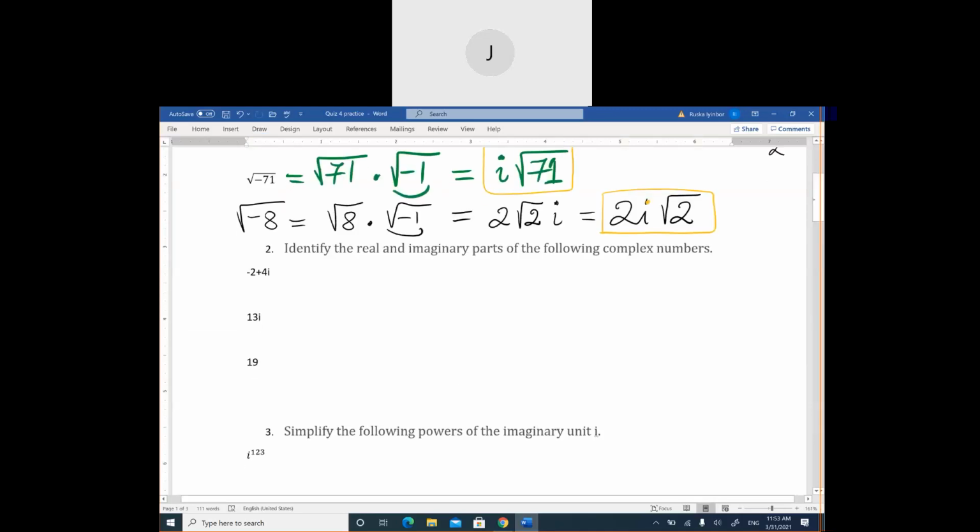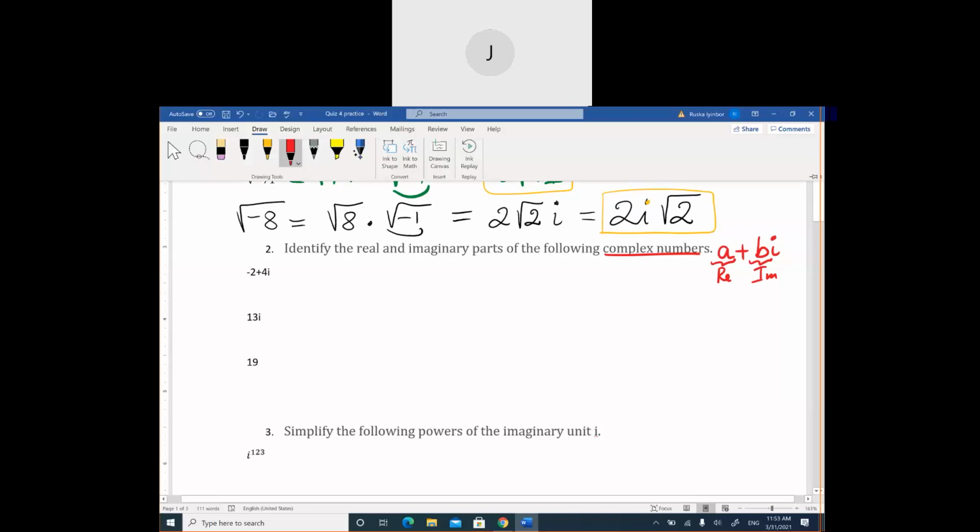So remember the complex numbers, they have this rectangular form or standard form a plus bi, right? So the first part with no i is the real component, and the part with the i is the imaginary component, right? So just looking at the given examples, what you need to do is just say what is real, what is imaginary.